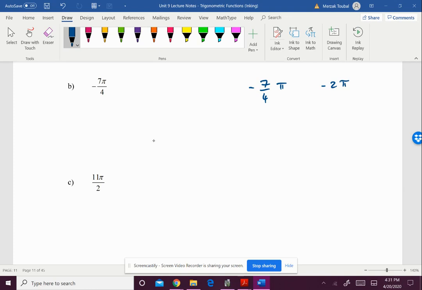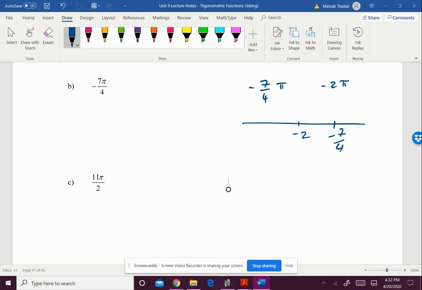On the number line, the negative 7 over 4 is not greater than 2 in absolute value. 7 over 4 is smaller than 2. If it's negative, then it must be greater than negative 2.